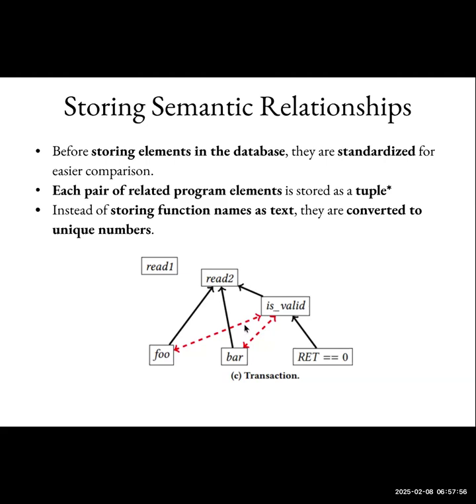If you see in this graph, the functions or statements are the nodes, and the edges tell you the relationship between the elements. Whether it is a data dependence relationship or a data sharing relationship is shown through these arrows. And then these are all converted to integers. Each of the nodes is represented by an integer because integer comparisons are faster than text string comparisons, and this improves the performance when mining for patterns also.